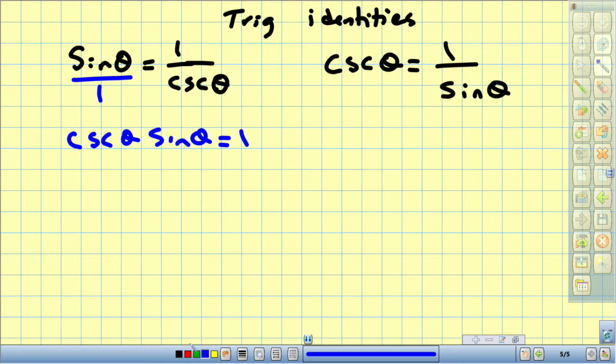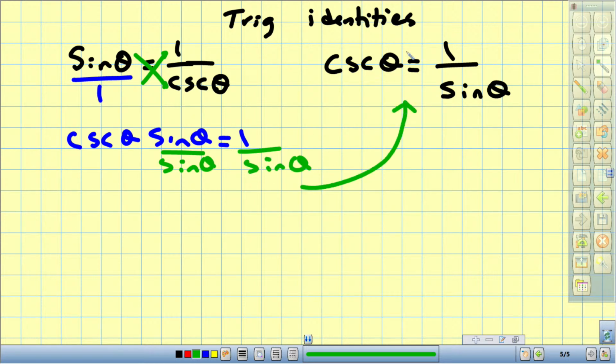I just cross multiplied here, and then you divide by sine theta. So voila, that's what you get. Cosecant is also 1 over sine. That's why they're called reciprocal identities. So keep that in mind as you're thinking.